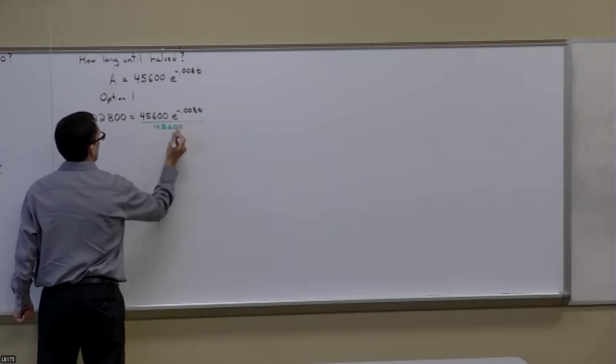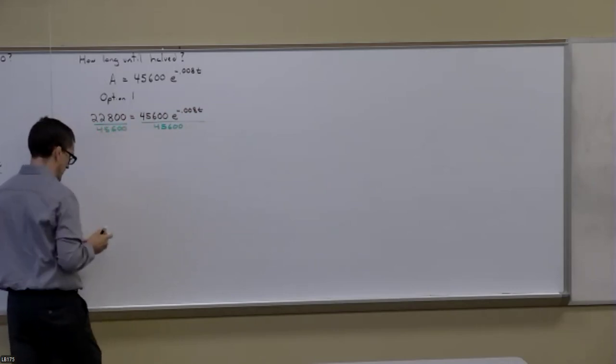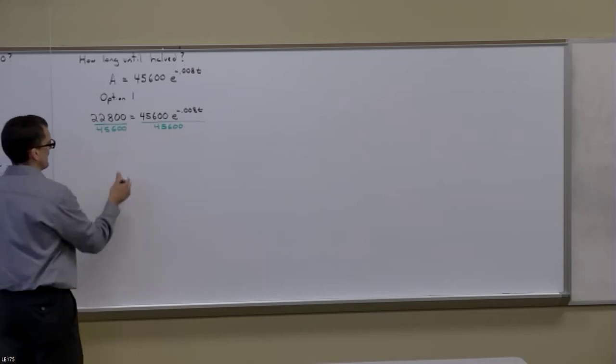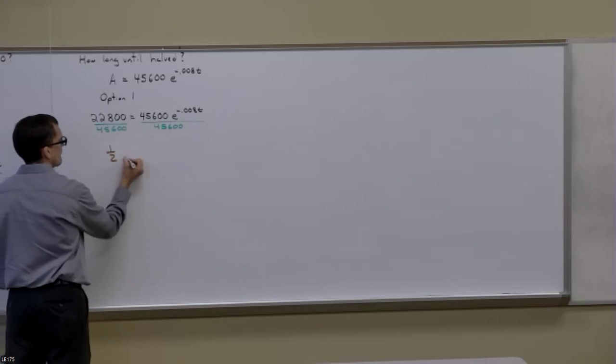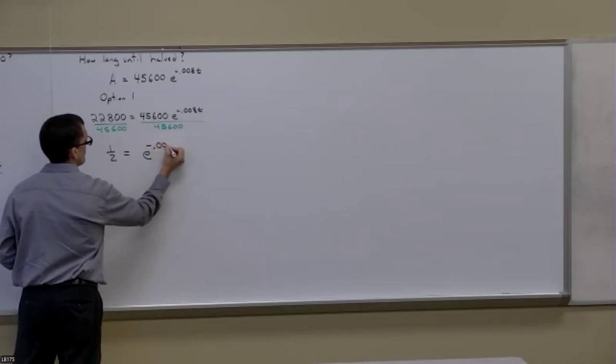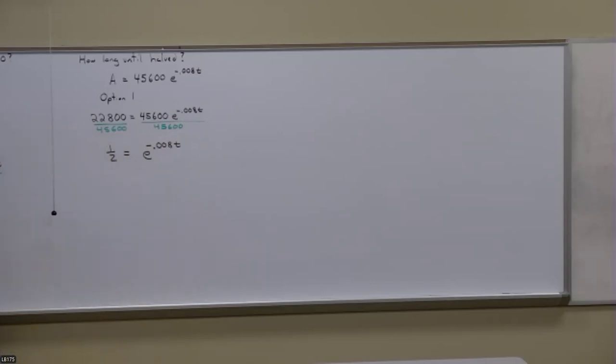Now, in this circumstance, when I divide both sides by 45,600, on the left, I get a half. And on the right, I get e to the negative 0.008 times t. By the way, this kind of leads me to my second option.